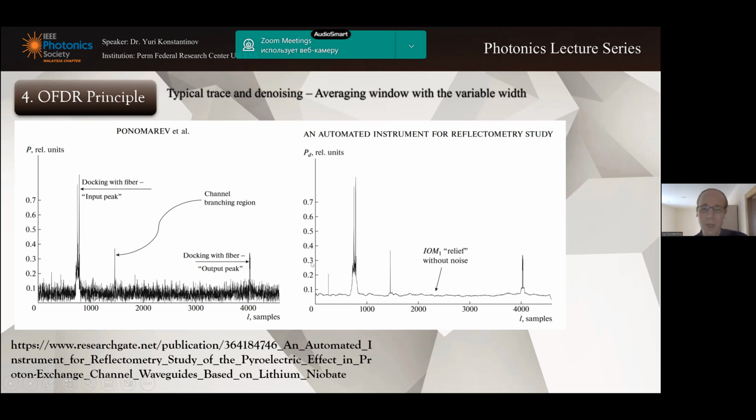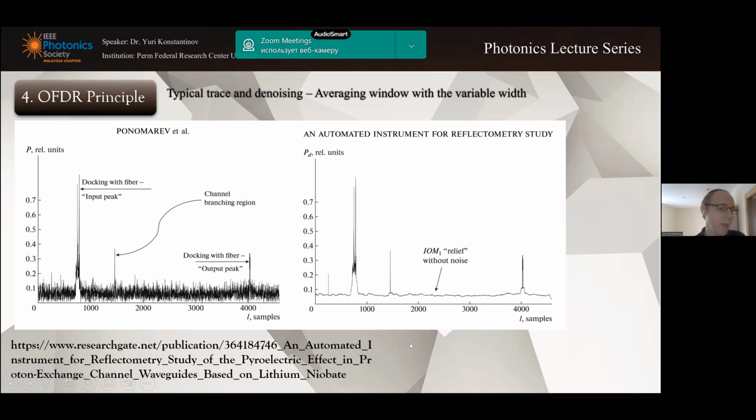So if we have a very high signal, the averaging window becomes very small. And if we have the signal somewhere in the field of noise, we can average with a bigger window. And I think this is the simplest and one of the most effective methods.